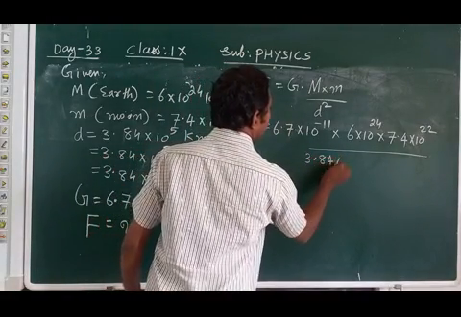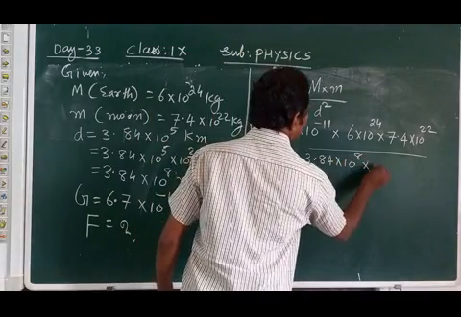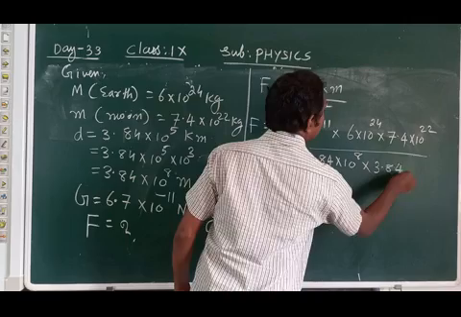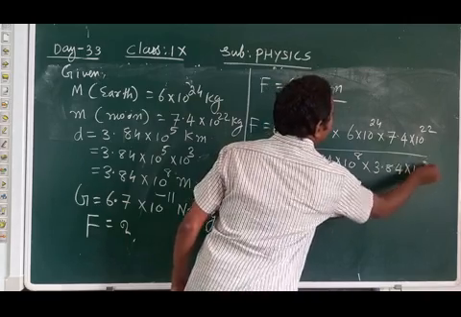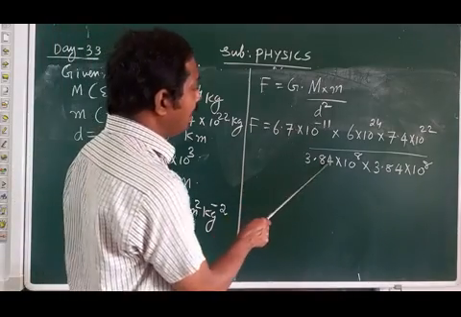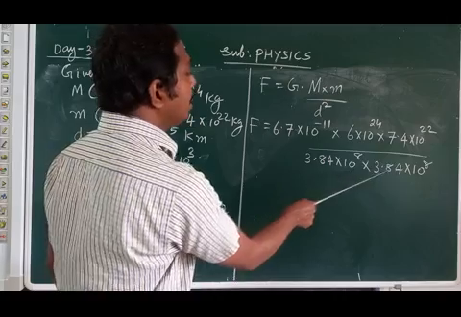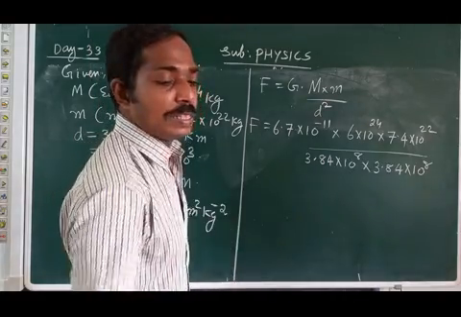D square means we have to write it two times, D into D: 3.84 into 10 raised to 8 into 3.84 into 10 raised to 8.